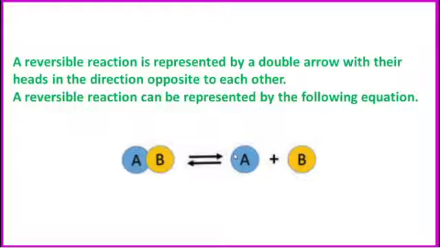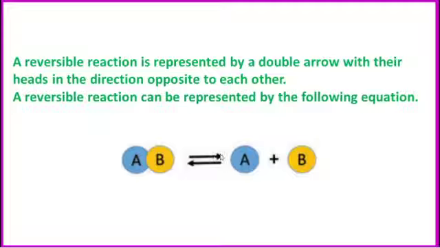This is a double arrow: forward reaction, backward reaction. One is forward, another is backward, with their heads in opposite directions. The head of the first arrow indicates the forward reaction. The head of the second indicates the backward reaction. Totally, this reaction is called reversible.